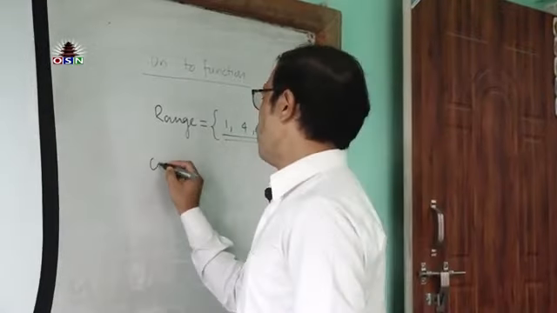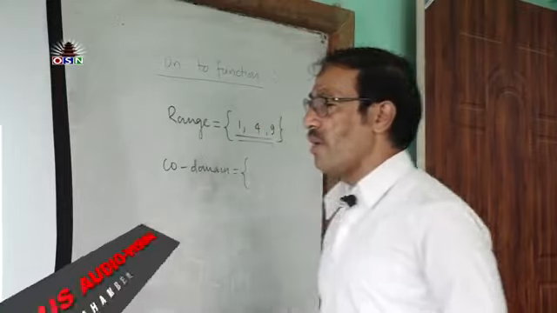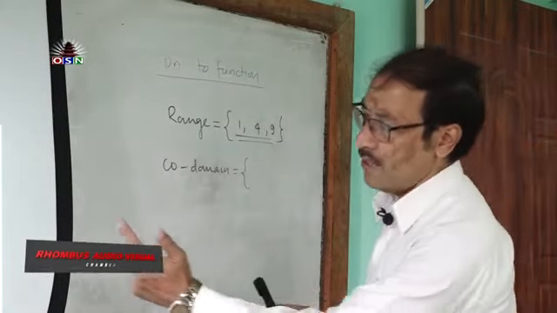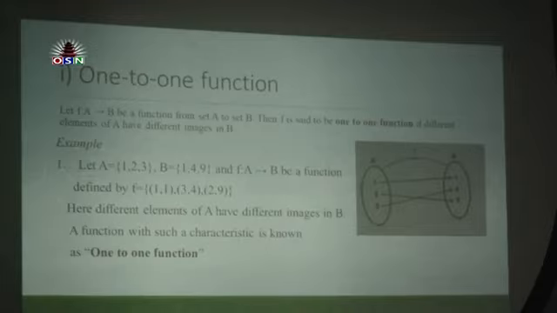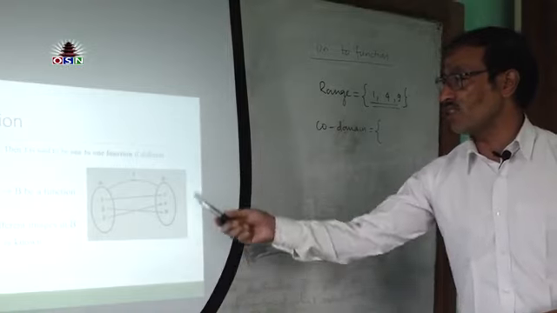Again, codomain. What is meant by codomain? Try to understand here. Codomain, in a function from A to B, F is a function from A to B. In this one, the first set is defined as domain, and the second set is defined as codomain.